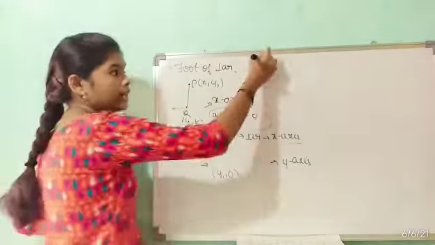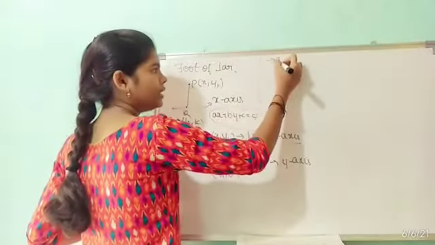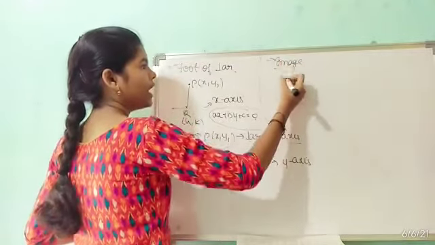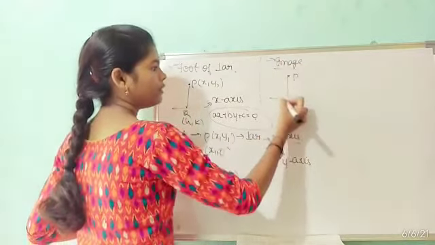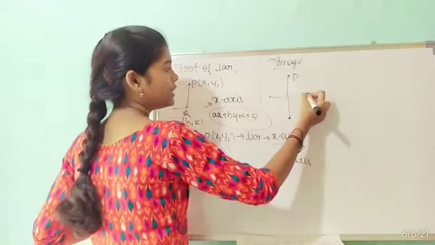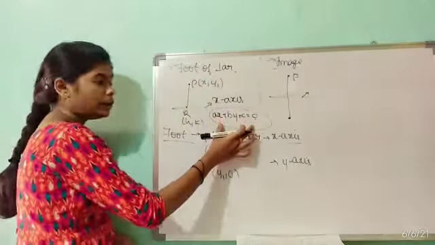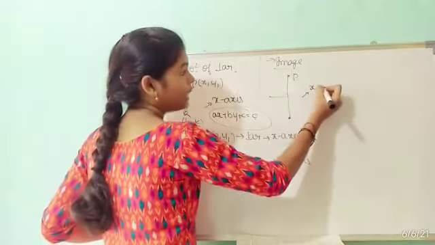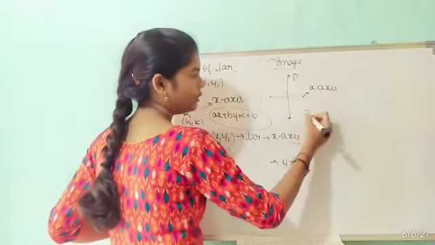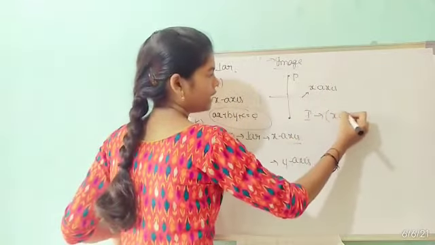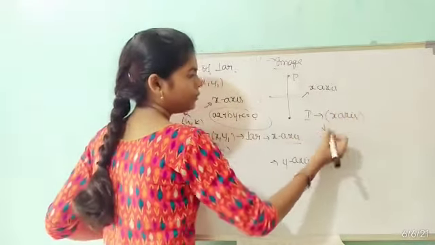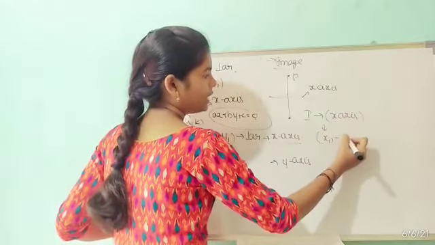Similarly, in the case of the image, suppose you have to find the image of a point, and instead of the line ax plus by plus c equal to 0, we take the x-axis. Then the image will be (x1, minus y1).